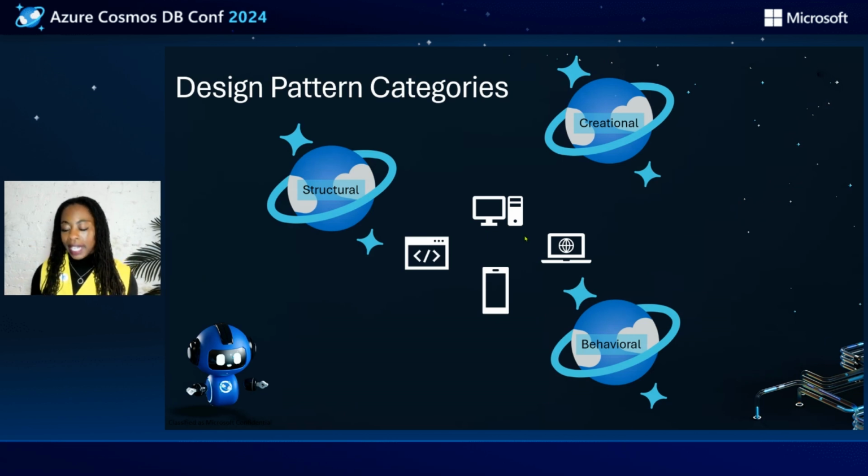And when we think about data architecture, we can apply these same categories. Structural patterns really apply to how the data is organized, stored, and accessed. Creational focuses on the dynamic creation of these schemas, where dynamic creation is a big key point in NoSQL architecture.